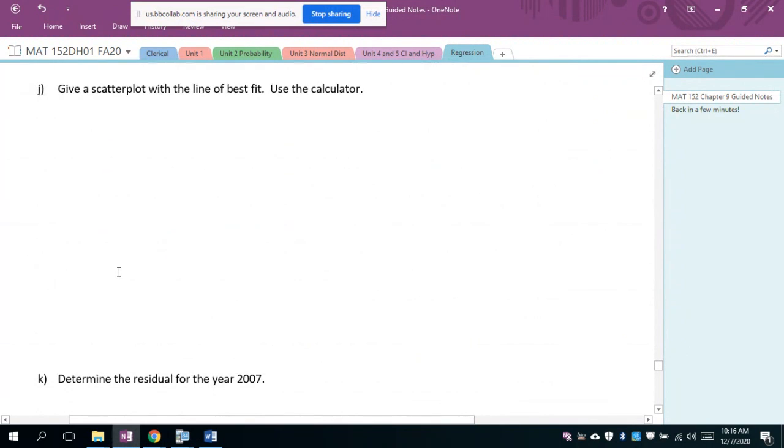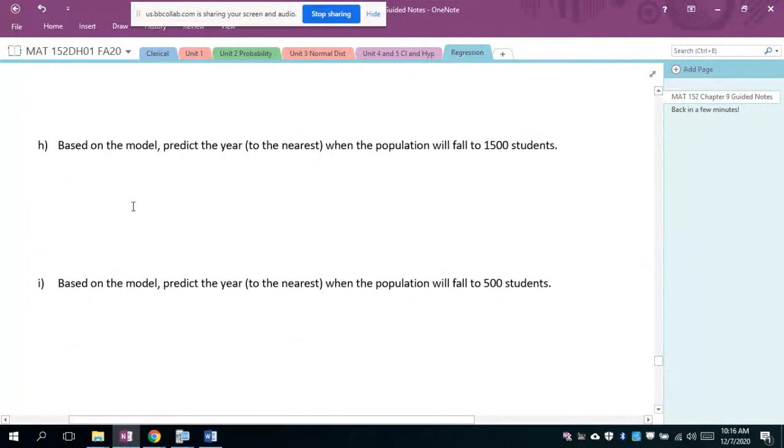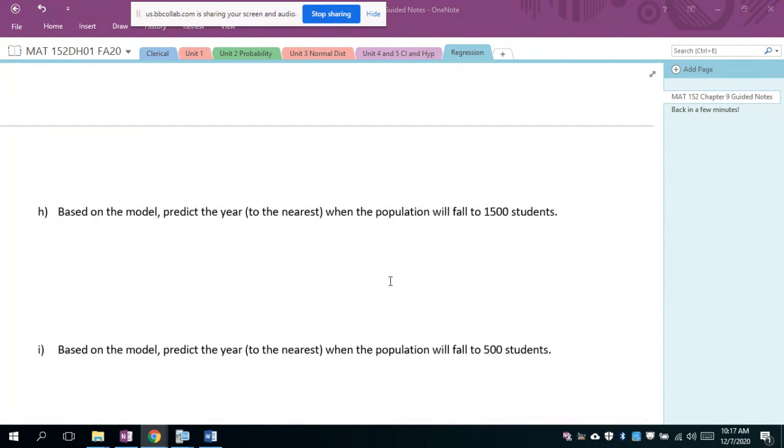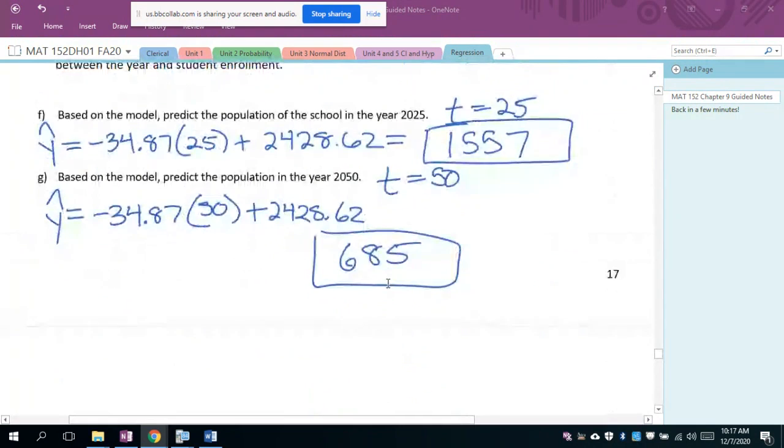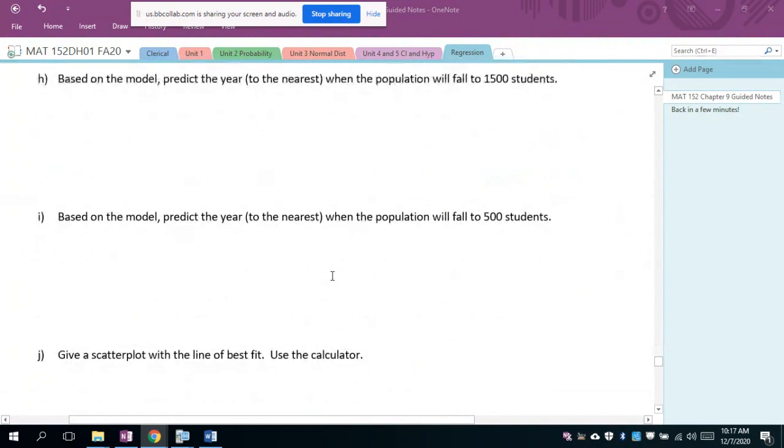Now, based on this model, you can actually predict when the population would fall to 1,500 students. It's going to be after 2025.